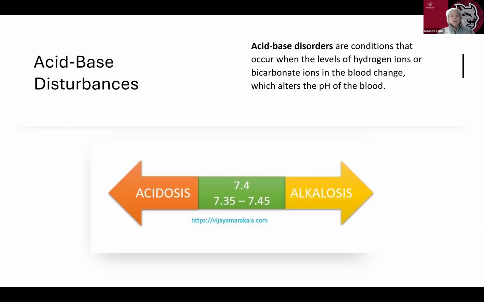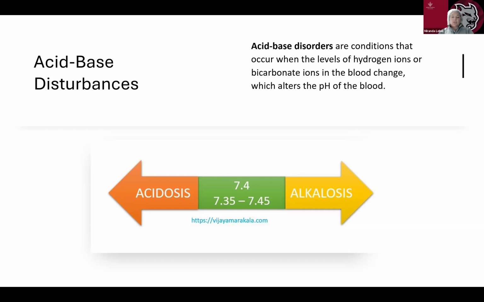So acid-base disorders are conditions that occur when the levels of hydrogen ions or bicarbonate ions in the blood change, which alters the pH of the blood. So hydrogen is acidic and bicarb is alkalotic.